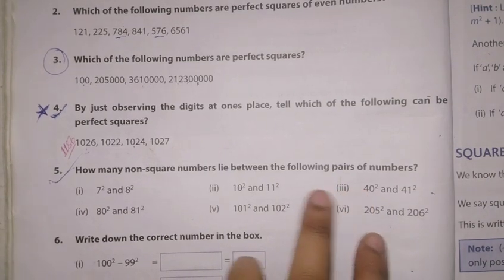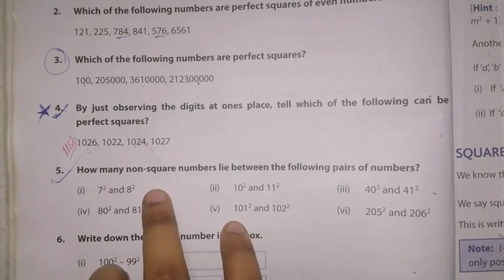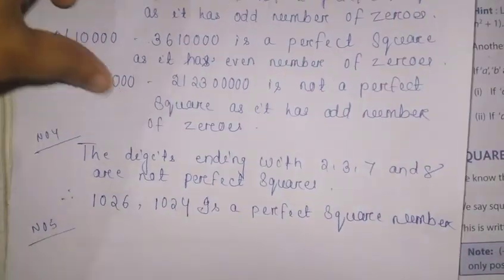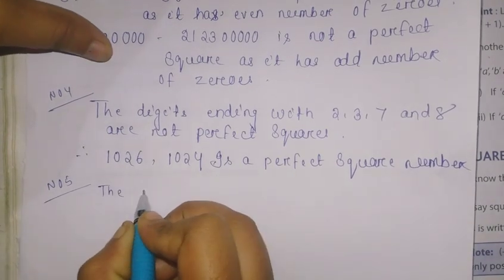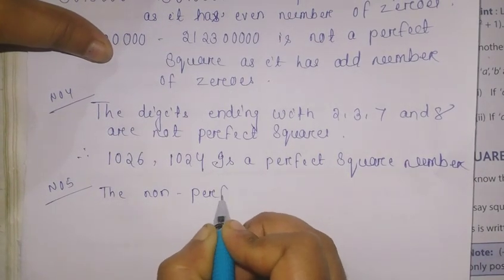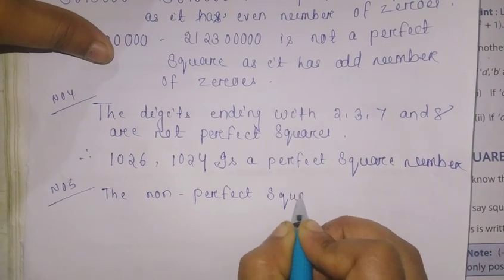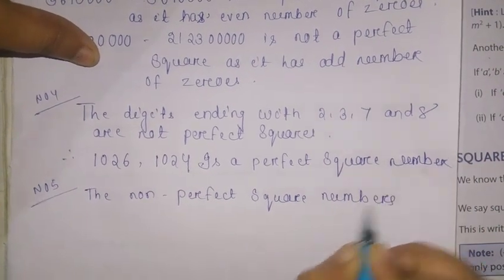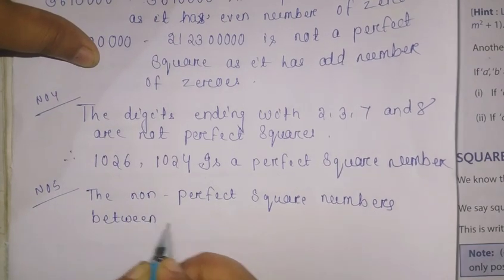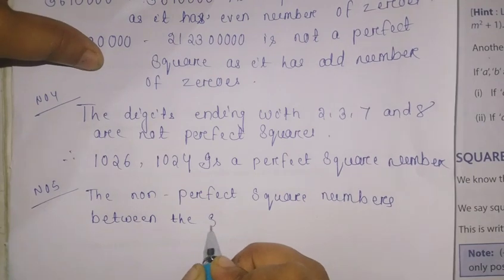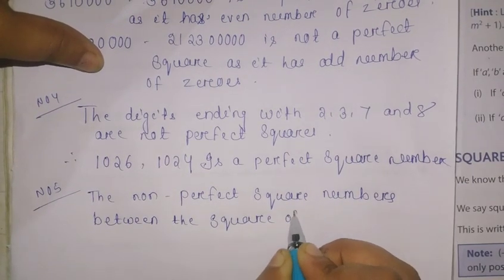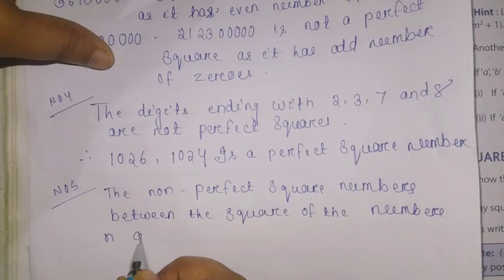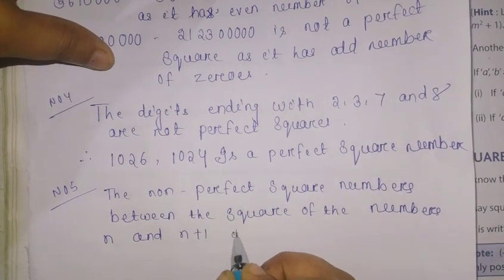First we see the non-perfect square numbers between the squares of the numbers n and n plus 1 is 2n.